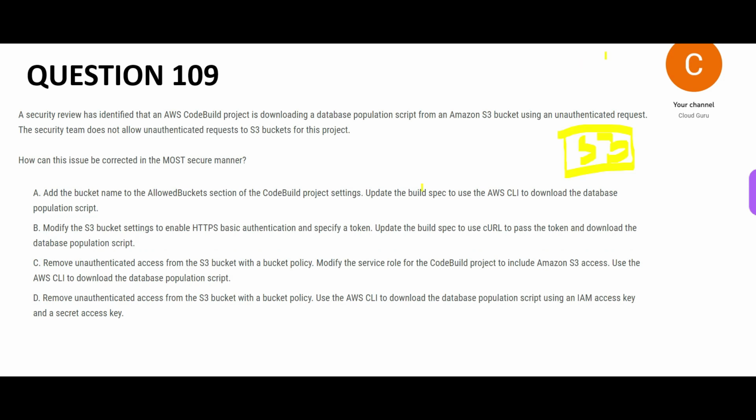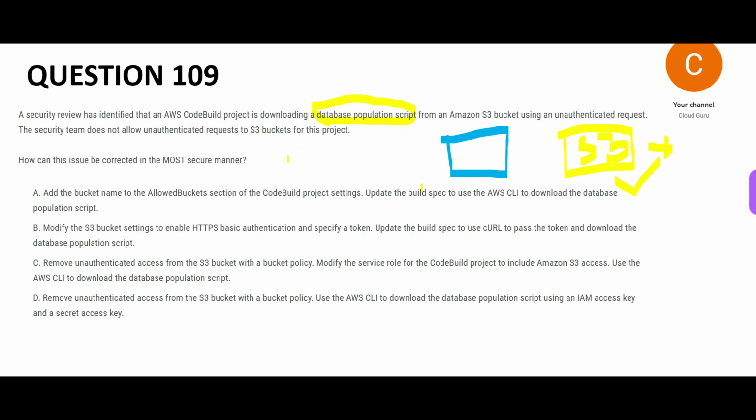Let us look at this next question now. This is your S3 bucket, and this blue box is your CodeBuild. What does the S3 bucket have? It has a script for populating the database. This database population script is put in S3. And this blue box is trying to get that script, but it is an unauthenticated request.